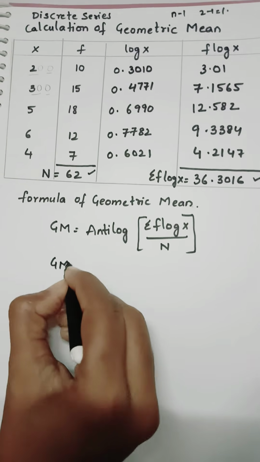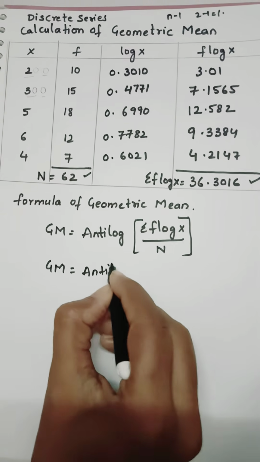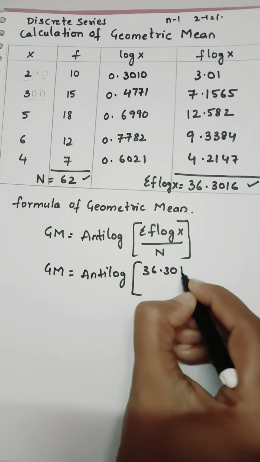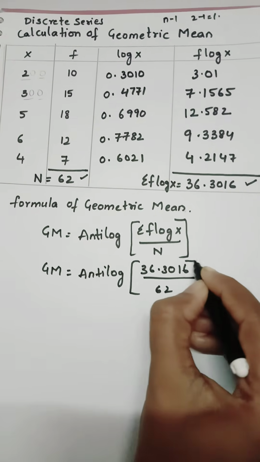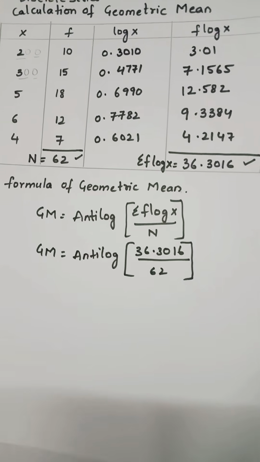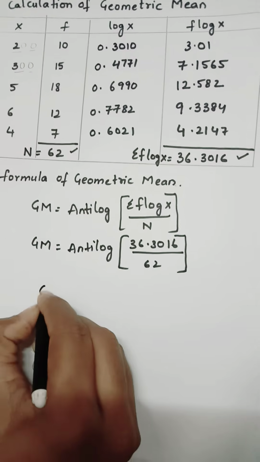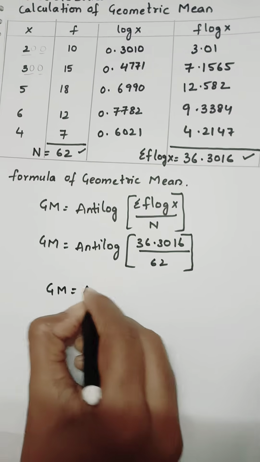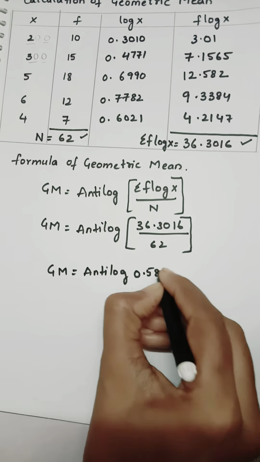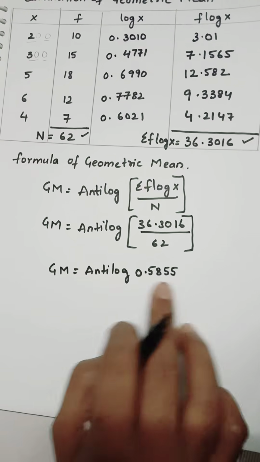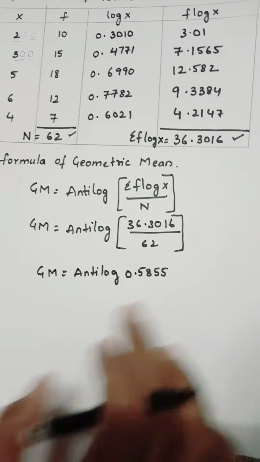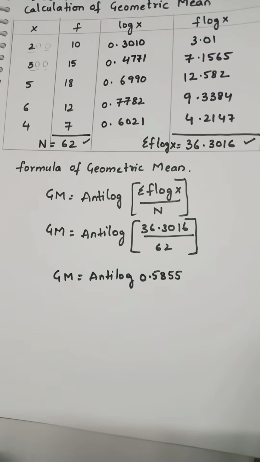So GM is equal to antilog 36.3016 divided by 62, which is antilog 0.5855. We need to consider 4 digits in the logarithm as well as in the antilog, so 4 digits are very important here.